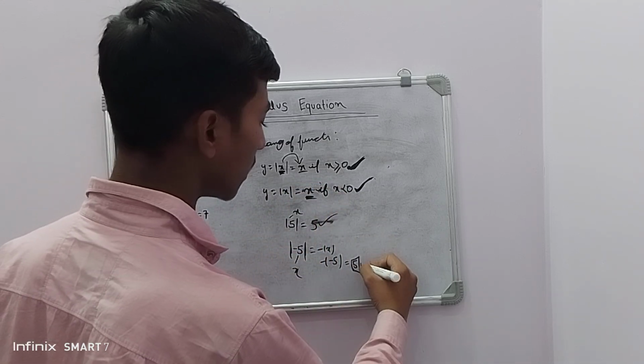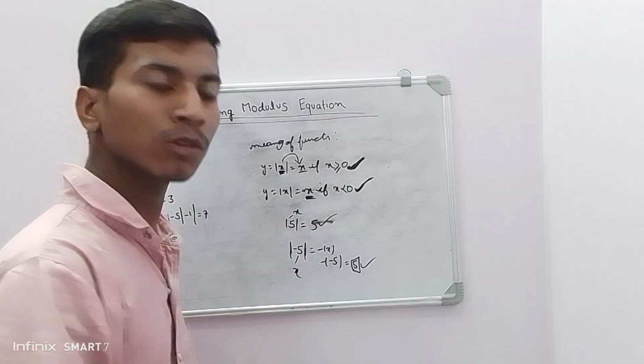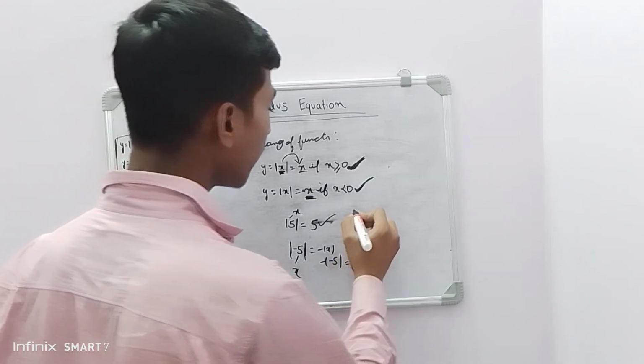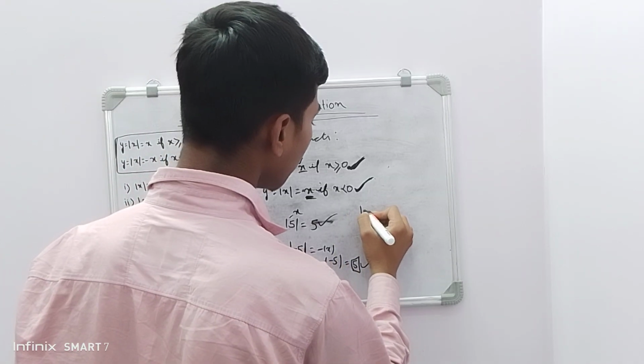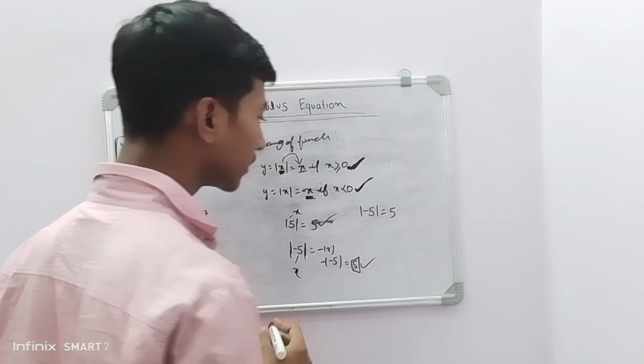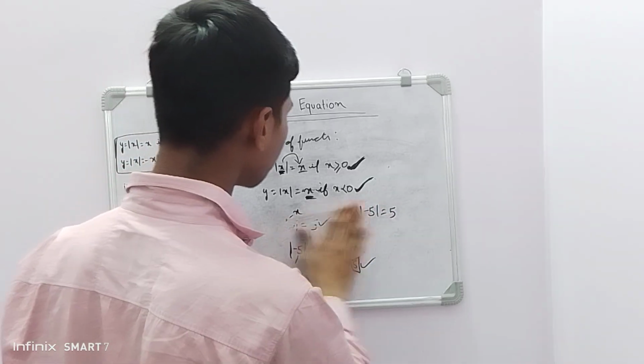Even though these are x and minuses, in both cases you get the value in the positive way. That means whatever value you insert into the mod, you will get the final result in the positive way. So if I take a question like inserting minus 5, then you will get 5. This is how you open it.